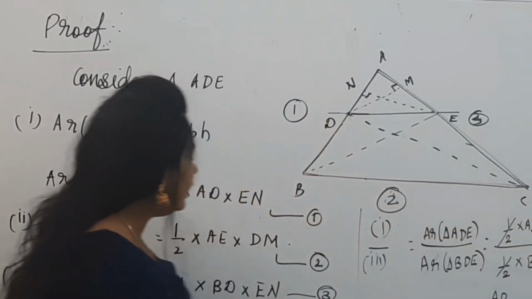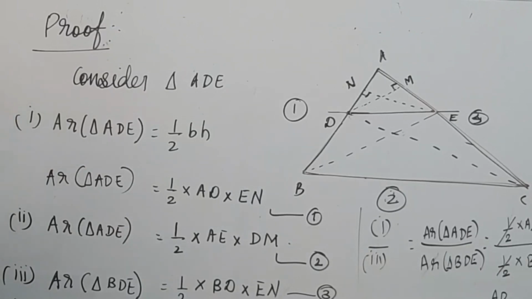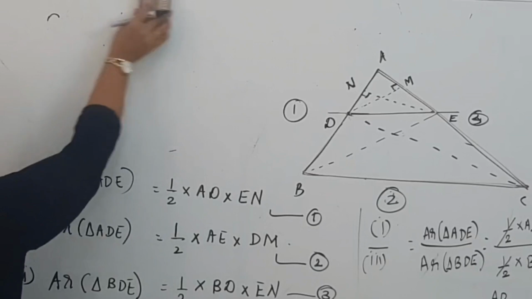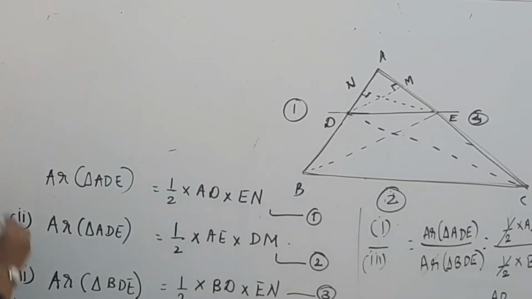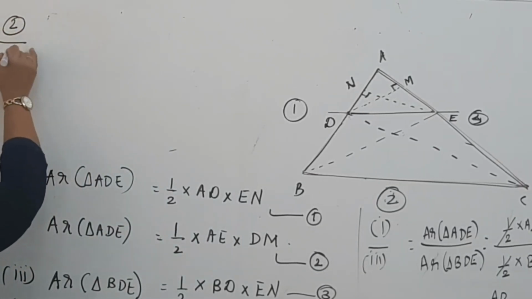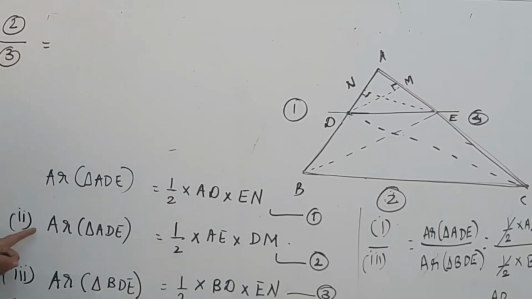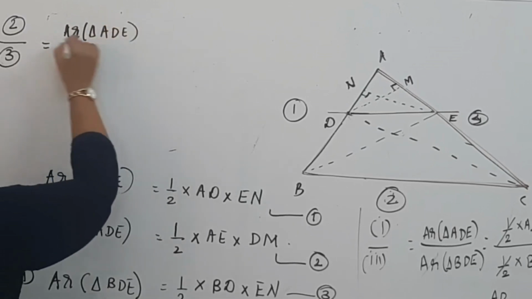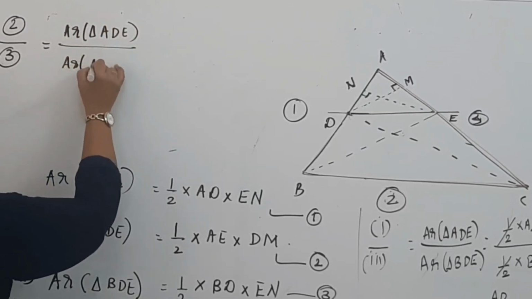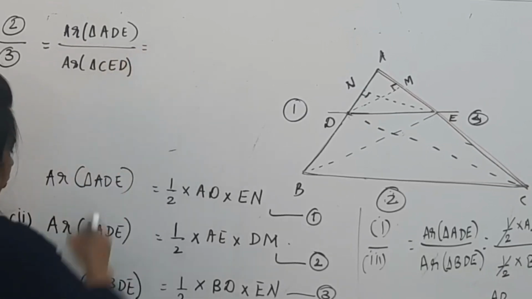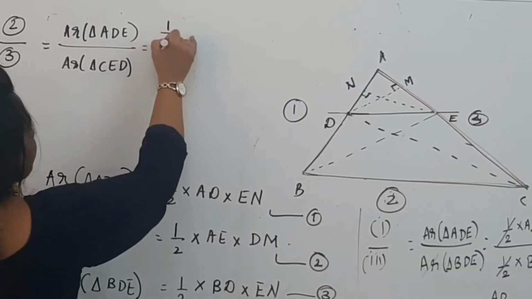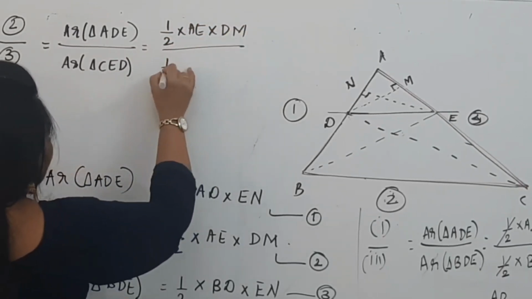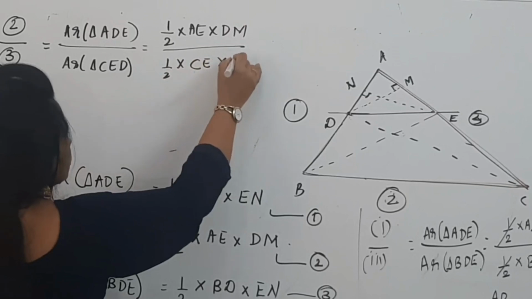Now I have to get the other side ratio. So how am I going to get my other side ratio? That is 2 divided by 4, which is area of triangle ADE divided by area of triangle CED, which is equal to half into AE into DM divided by half into CE into DM.